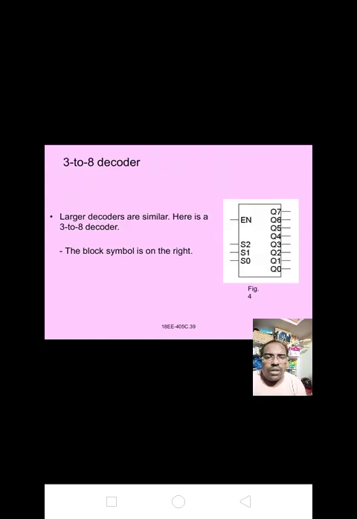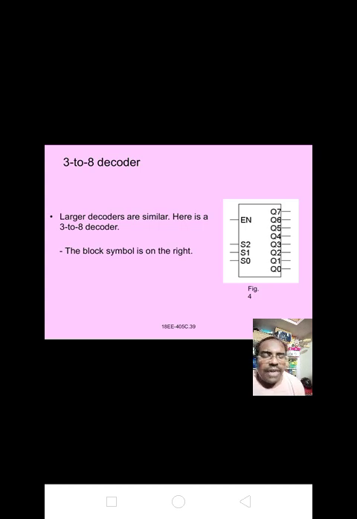3 to 8 decoder. Larger decoders are similar. Here is a 3 to 8 decoder. We already learned about the 2 into 4 decoder, but this is the 3 to 8 decoder. The block symbol is on the right. Please make a note of the block diagram of the 3 into 8 decoder. It has 1 enable and 3 inputs S2, S1, S0.